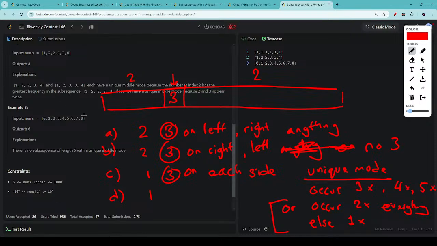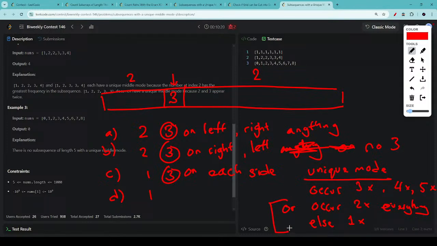Step 2, for all the values, I just see if it appears at least 3 times, 4 times, or 5 times? At least 3 times, then I can check this, or it occurs twice and everything else occurs exactly once. So this one is hard. This one I don't know how to do.